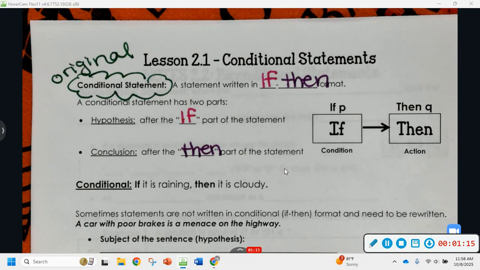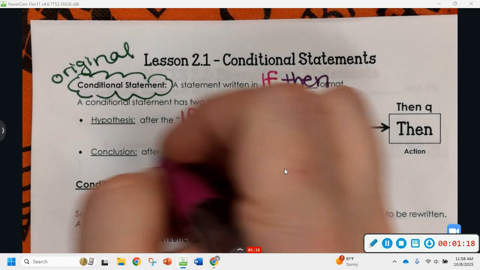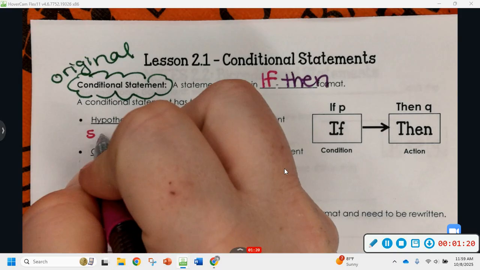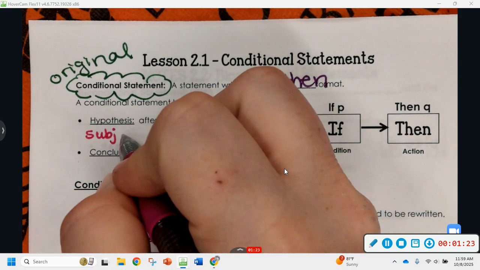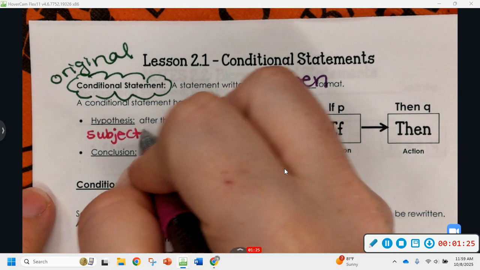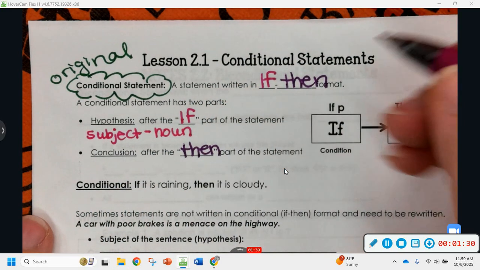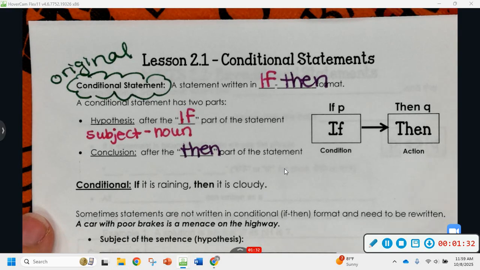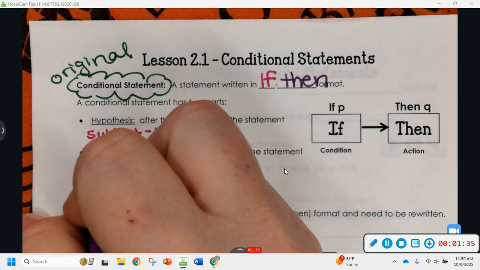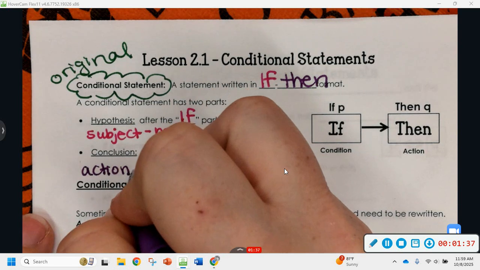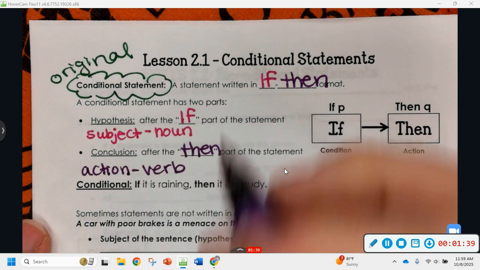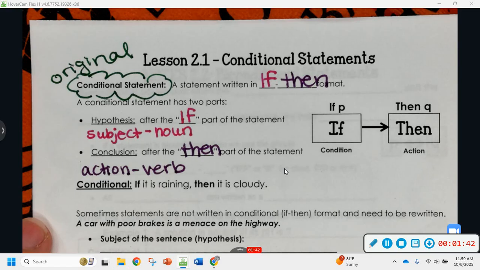So we could use like the word, your hypothesis is your subject. What are you talking about? And then that could be like your noun. And then your conclusion is the action part, what's happening, or maybe that verb. So if it's raining, then it's cloudy. So that could be our first conditional.